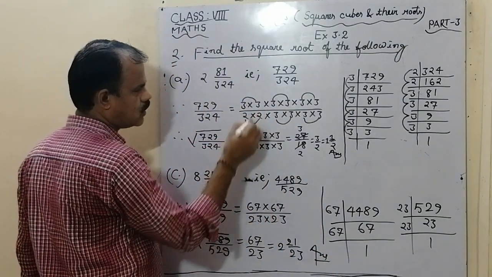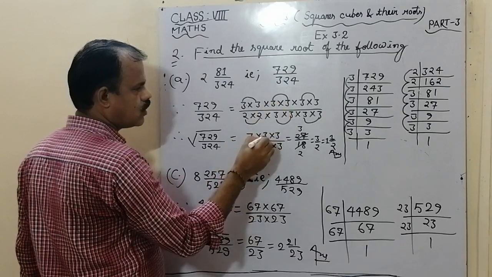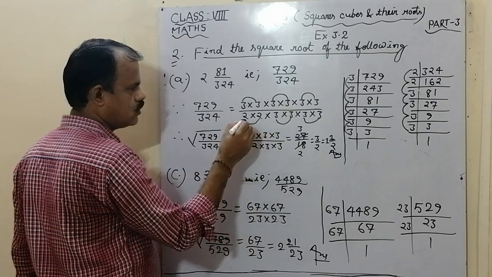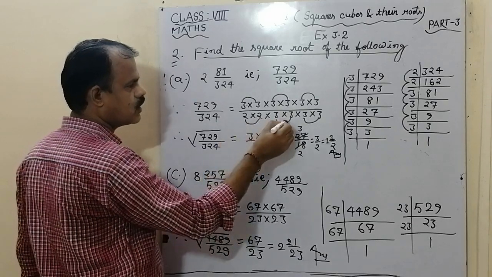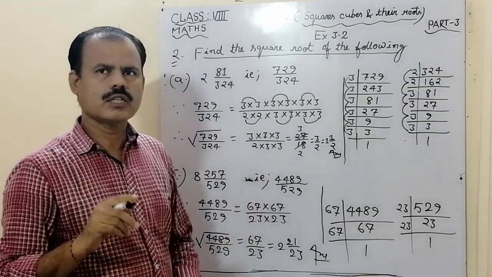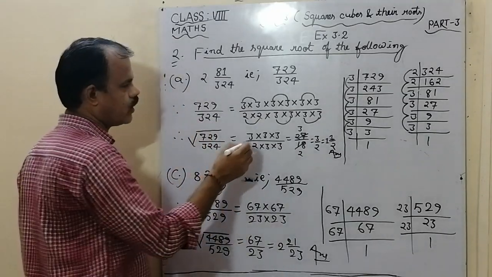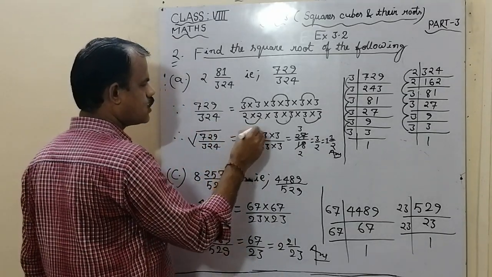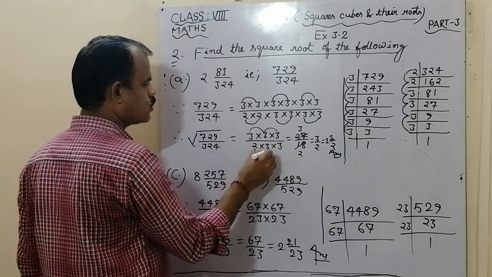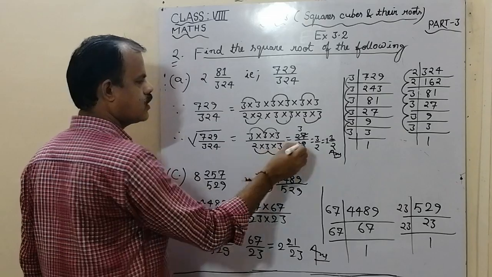So taking out 3, one more 3, one more 3, and in the denominator place 2 multiply 3 multiply 3. In pairs you take out only one factor. So it becomes 3 times 3 is 9, 3 times 9 is 27, and in the denominator 2 times 3 is 6, 3 times 6 is 18.